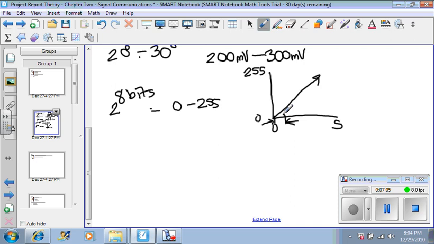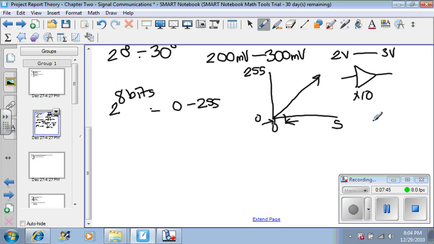You may decide that this is enough for your design, or you may have to add an amplifier so that you can get a larger range. For example, if I use an amplifier between the temperature sensor and the analog to digital converter, and it has a gain of 10, that means my range of voltage will be between 2 volts and 3 volts, which gives me a more comfortable range.